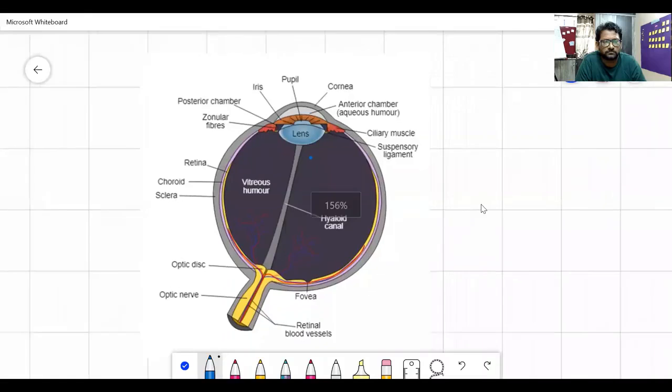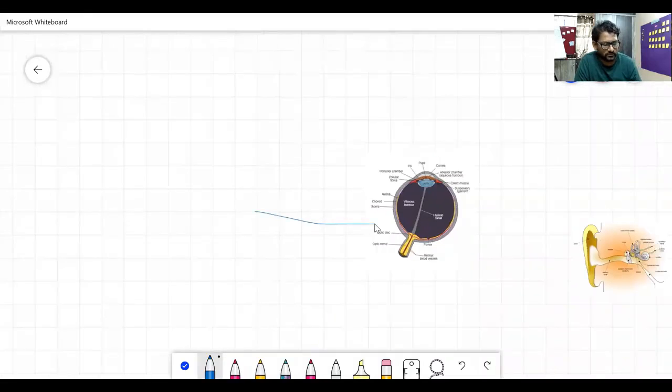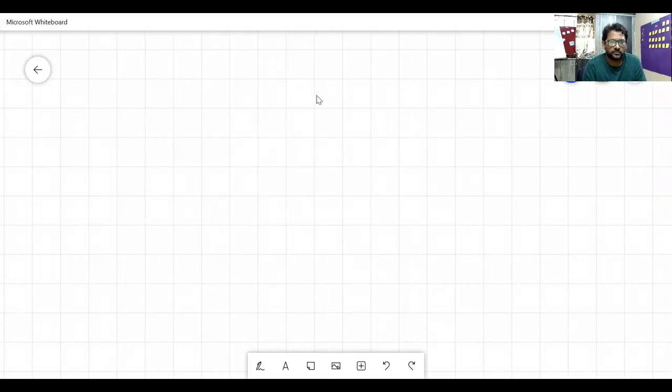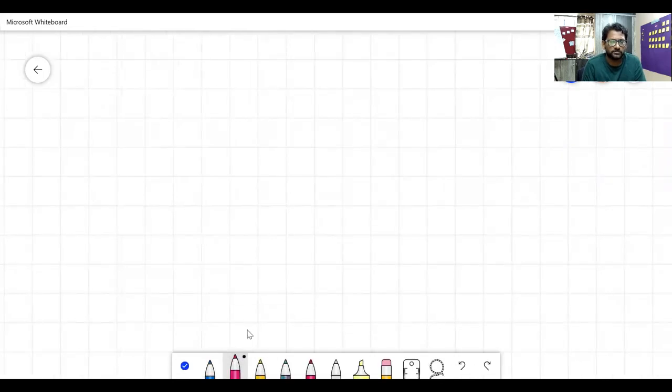When we talk about humans, first try to understand this hierarchy. First we'll begin with the basic unit of the organism, the cell.